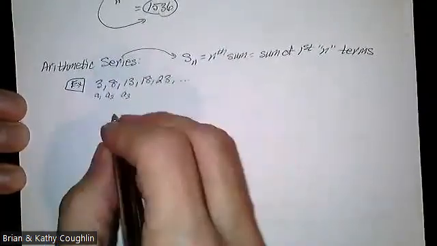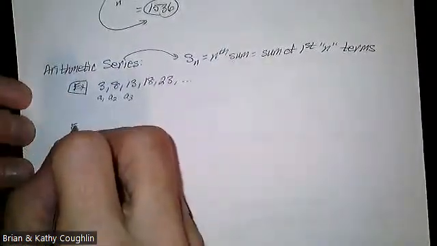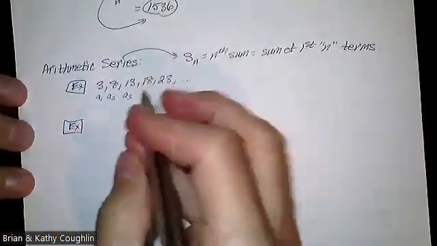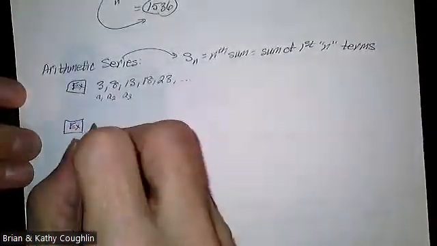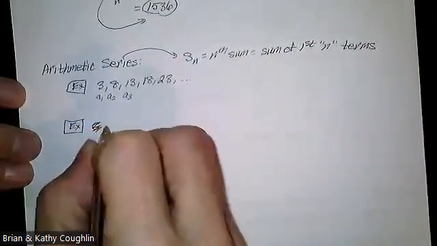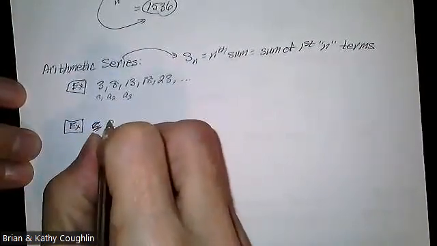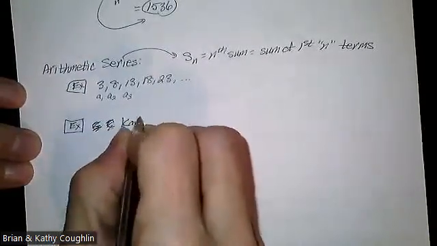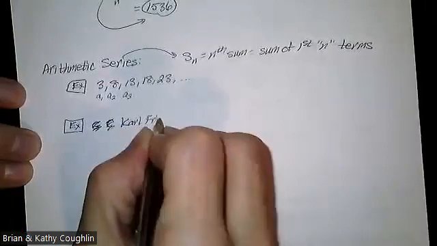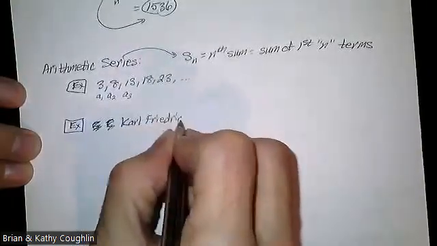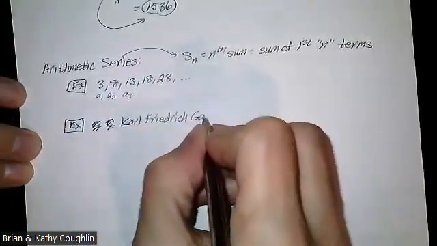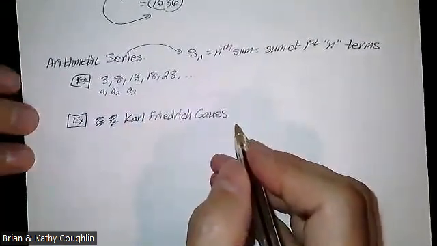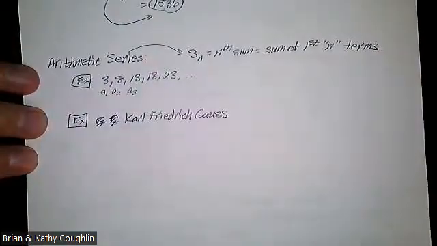So how do you add this? Well, it turns out there's a little bit of a story, and I told this in class, but for people watching at home, this is kind of neat. It's a true story. Carl Friedrich Gauss was an extremely famous mathematician, I think back in the 1700s-ish.